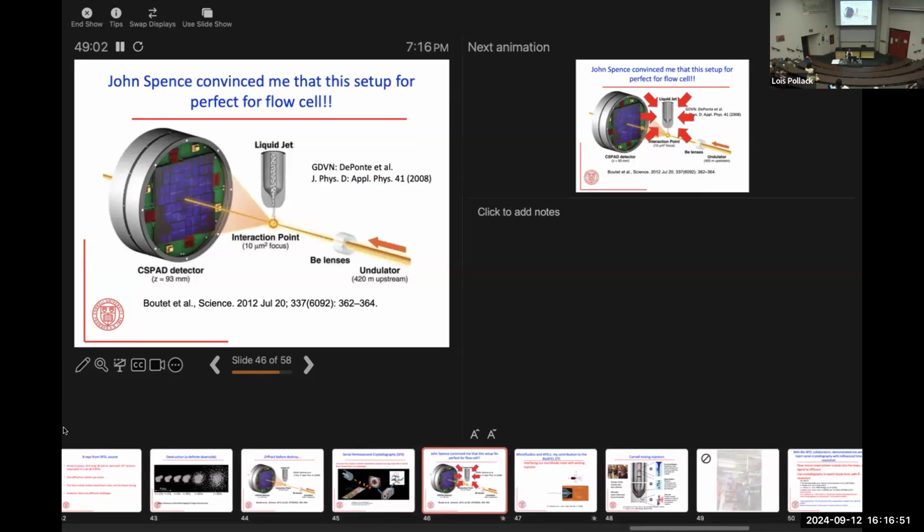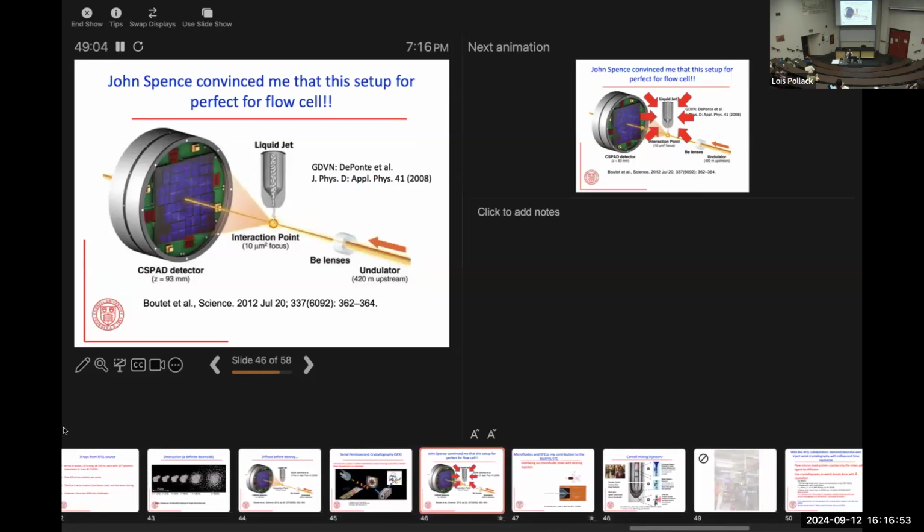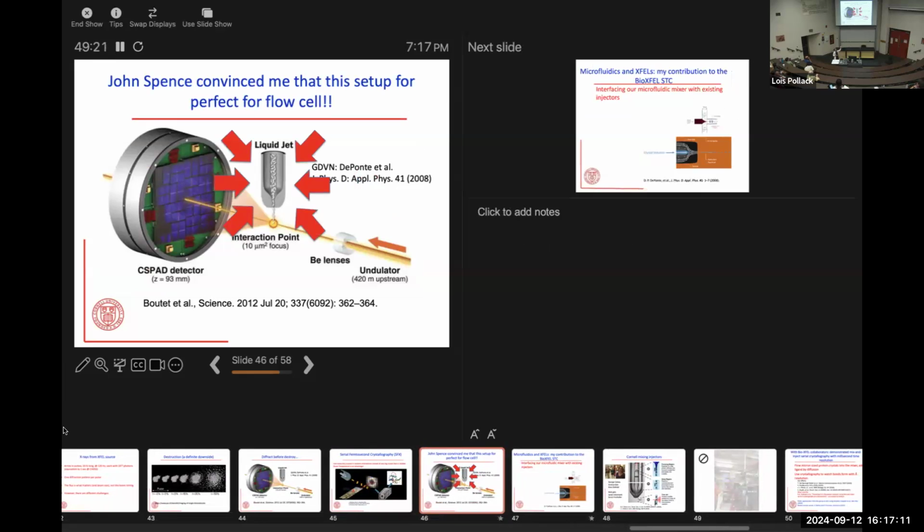Okay. So John Spence came to talk to me in about, I don't know, 2011. He came down to my lab and he said, this is a perfect setup for your flow cell. So we have these little injectors, these gas dynamic virtual nozzles, that shoot the crystals into the beam. Why don't we just put a flow cell in there, right? And see if we can do a mixing experiment.